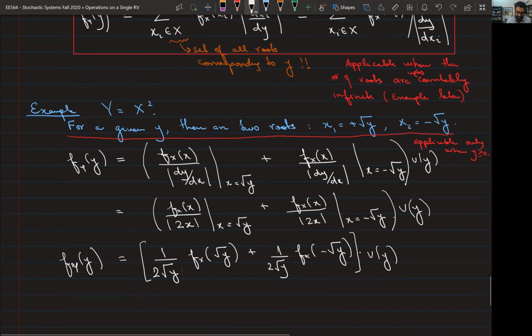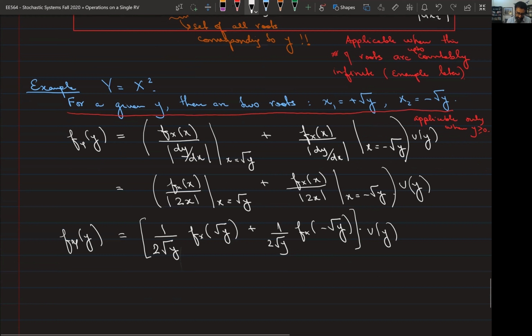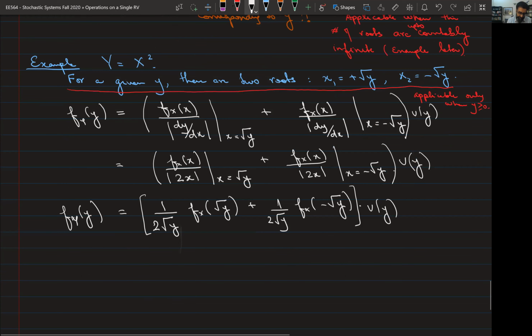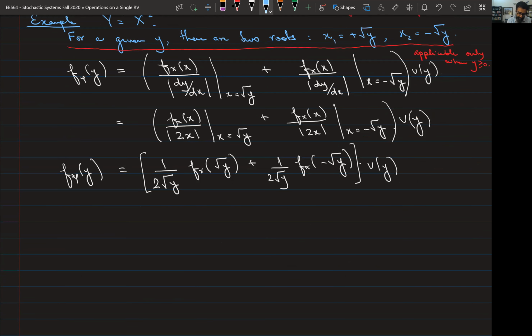So as an example, if fx of x was 1 upon root 2 pi sigma squared e raised to power minus x squared by 2 sigma squared, right? So x was actually a Gaussian random variable which is zero mean and has variance sigma squared, and then you had some sort of squaring law.